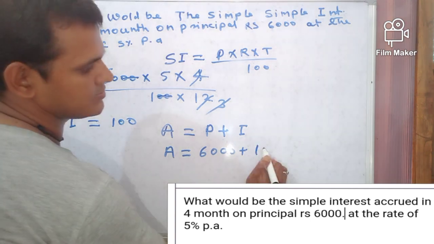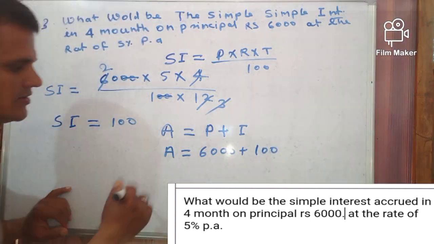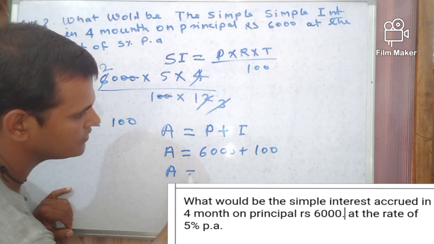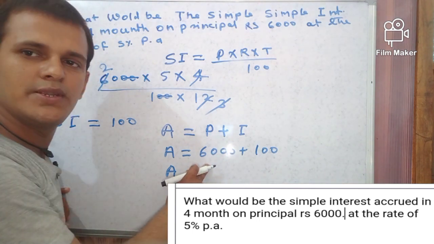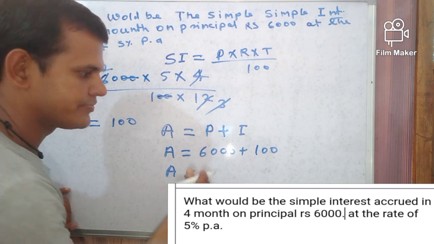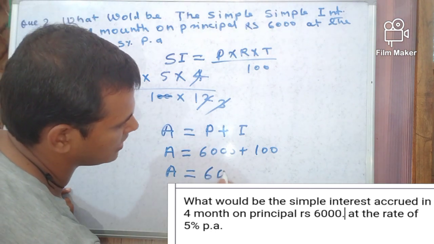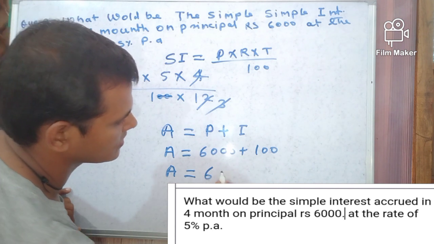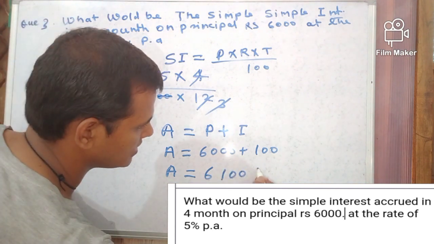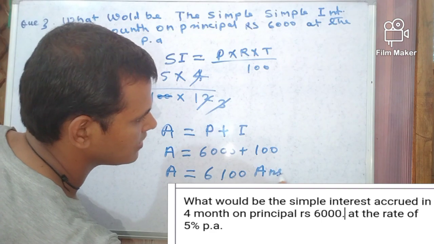So keep 100 directly. So amount will be 6,000 and 100. This will be our answer.